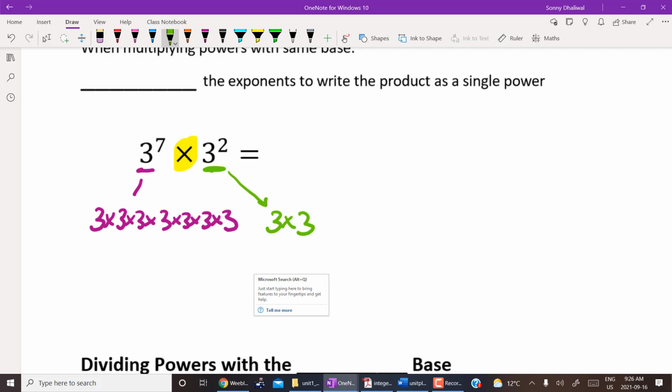So what we want to do is multiply these together. So we still have this multiplication that we need to do here. If I wanted to write this expression as a power, what would you say the base is? What would you say the exponent is? Anybody? What's the base? Phoenix? The base is not 6. The base is what gets repeated.